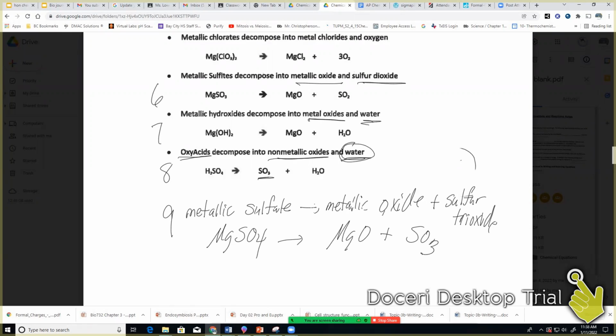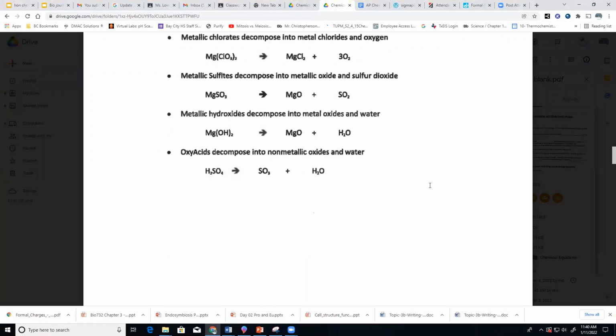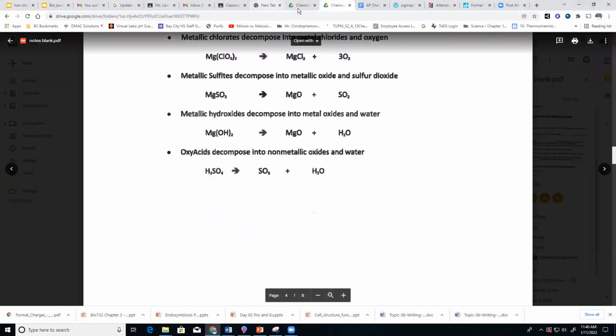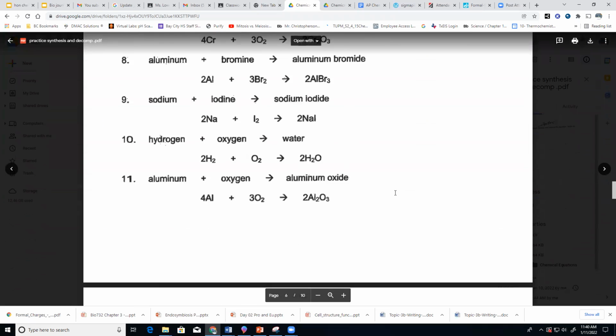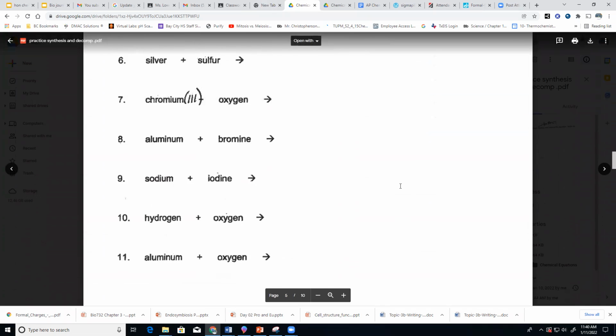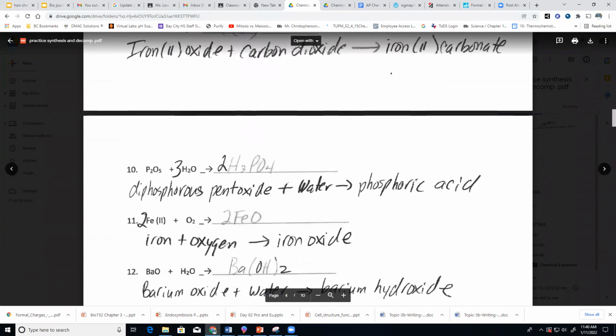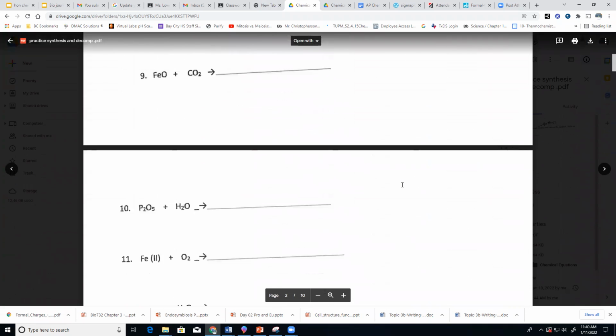So let's look through a few of the practices. If you'll pull out the practice that you got today, we'll look at how to attack them. Let's start here at the top.